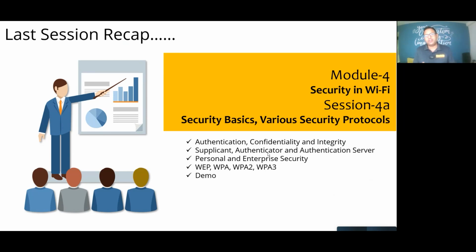Then we went into more detail on the various encryption mechanisms that have come along in the standards evolution process. The very first version was WEP, or Wired Equivalent Privacy, which came as part of the base standard. It used a static key, normally 40 bits or 104 bits long, to encrypt the information sent between the transmitter and the receiver.